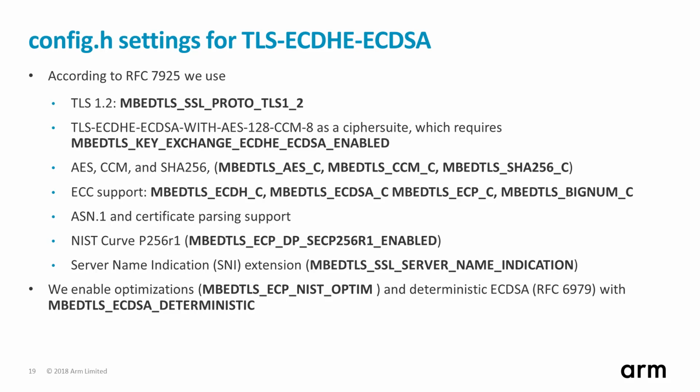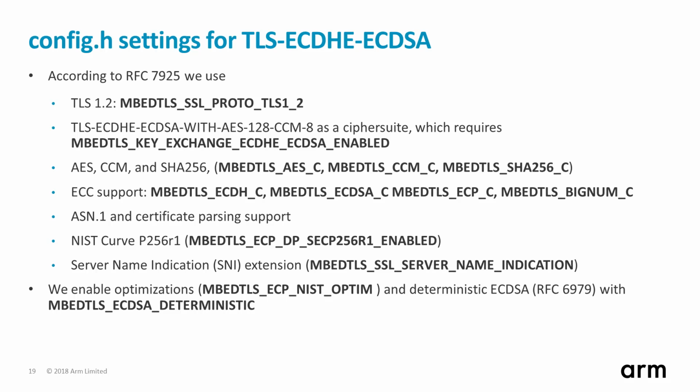First, we only focus on TLS 1.2, which is why we only compile that code. Then we include the key exchange for ECDHE and ECDSA. We reuse the same settings for AES, CCM and ChaCha 256 as we had in our first webinar.